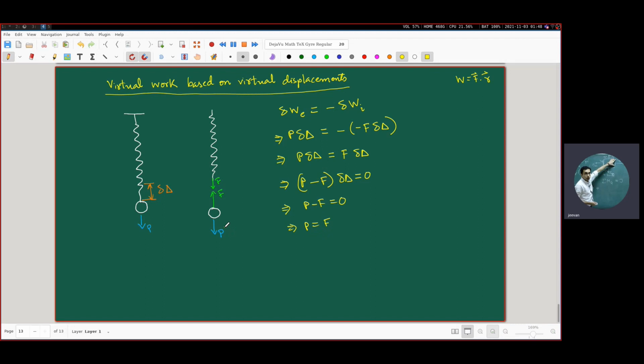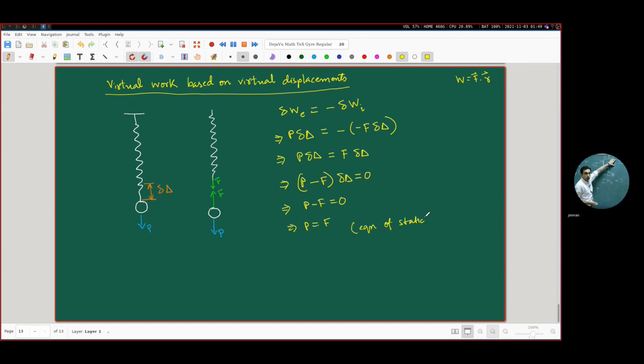Like if you just take your y-axis along this vertical direction and you say that sigma Fy equal to 0, immediately by closing your eyes, even students who are just starting JEE preparation, maybe they will sit for it 2 years down the line, even they will tell you that this is P equal to F. So this is just a simple case of the equation of static equilibrium.